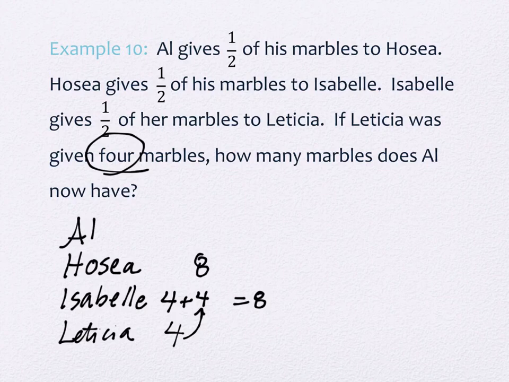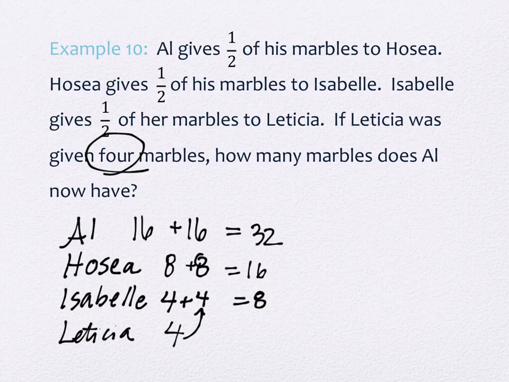So how many marbles does Jose have now? He has 8, but that means he originally had 16. And those 16 marbles then came from Al, which means he gave 1/2, so he has another 16. So he had 32. So this is the structure of what's happening as we're working along the way.